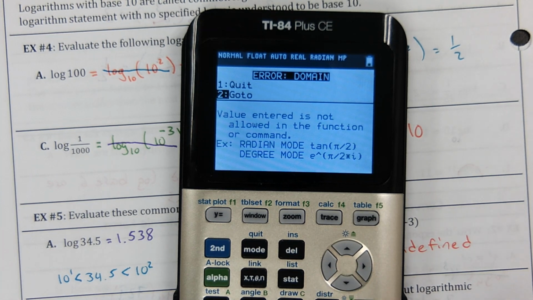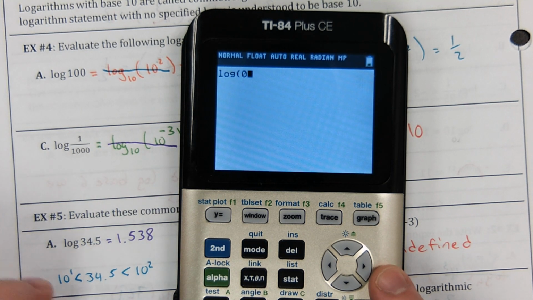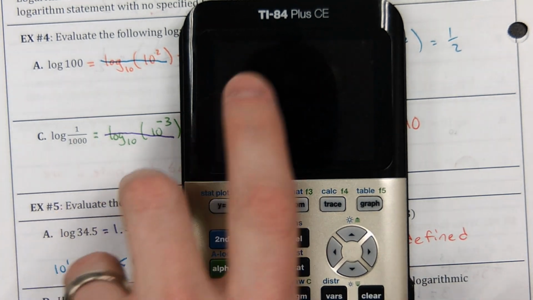So if it can't be 0, it can't be negative, what do we need to say? Well, the base has to always be positive. So that's part of the general rule. So what just happened here? What has to be positive? Argument. Okay.